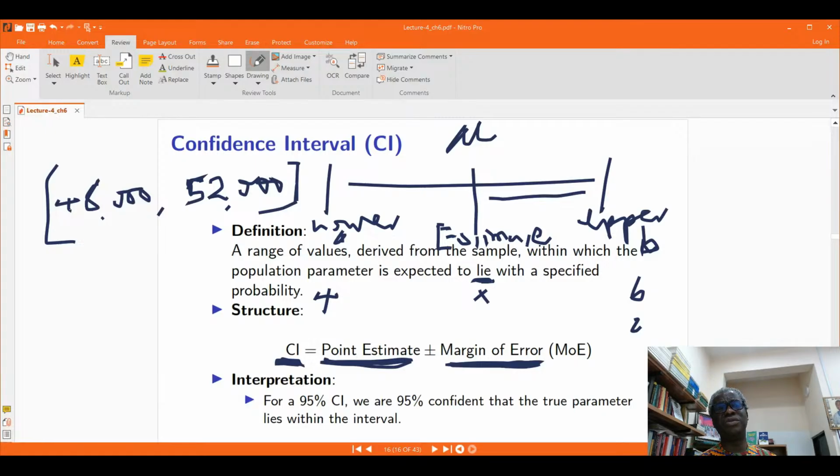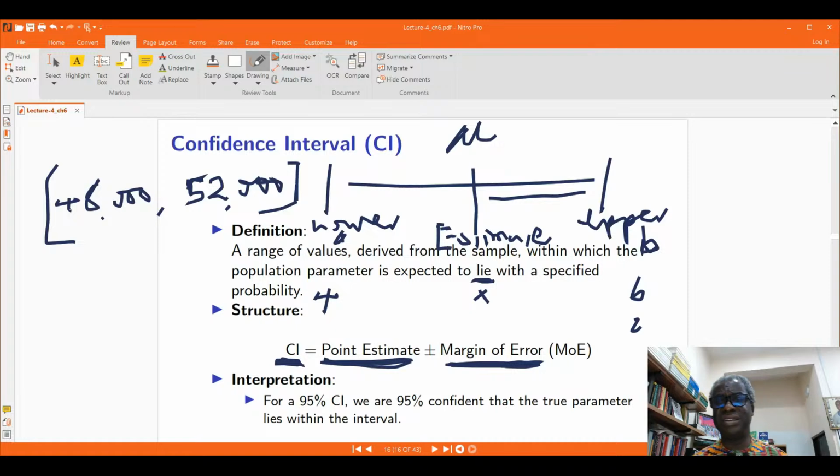So if we take 100 samples, which will lead to 100 confidence intervals, then a 95% confidence interval implies that 95% of the confidence intervals that we have produced will contain the true average income of the population.